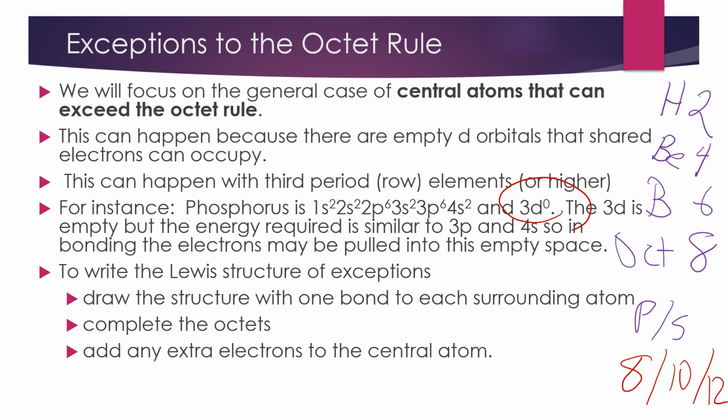Well, guess what? There's a lot of empty d orbitals as you move in that little area. If you go down to arsenic, right below phosphorus, arsenic's 4p something. Does arsenic have any 4d electrons?